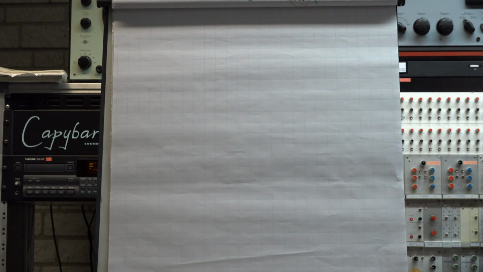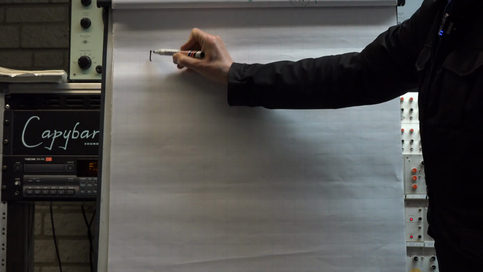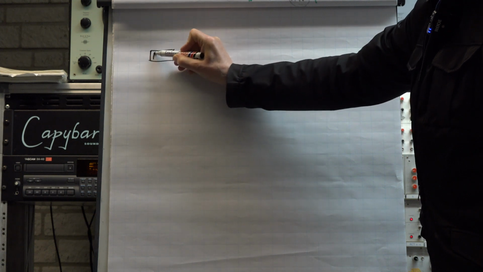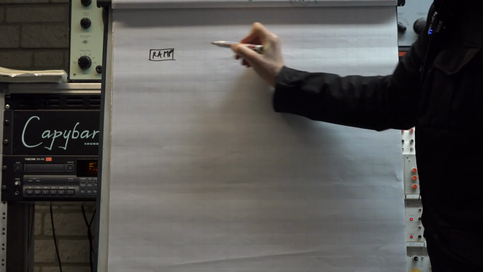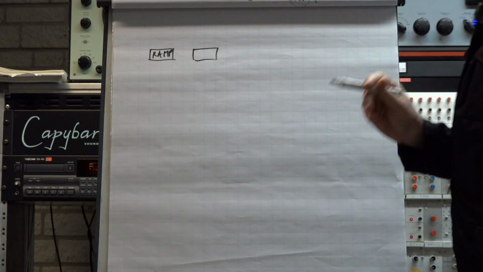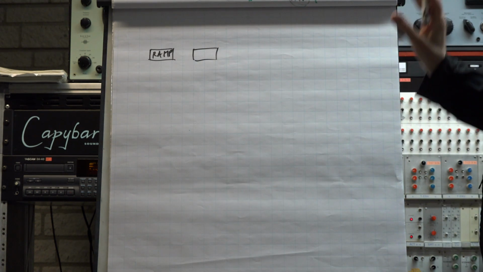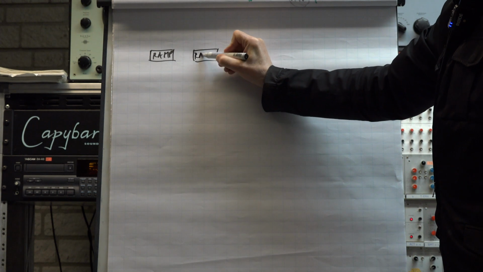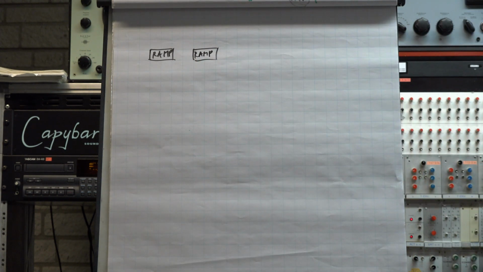If I want to use control voltages to control the upper and lower limits of a random signal, I need to take care of something. If I, for instance, take two ramps, so a ramp is a slow triangle wave or sawtooth wave with rising and decaying voltage, I can use those for the upper and the lower limits of the random signal.